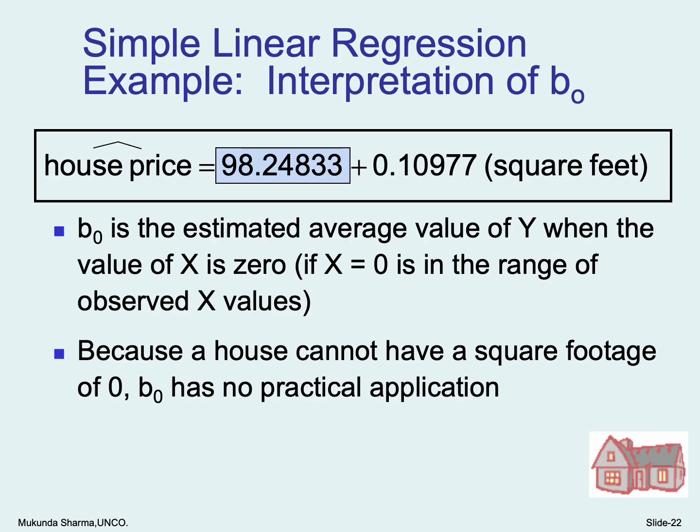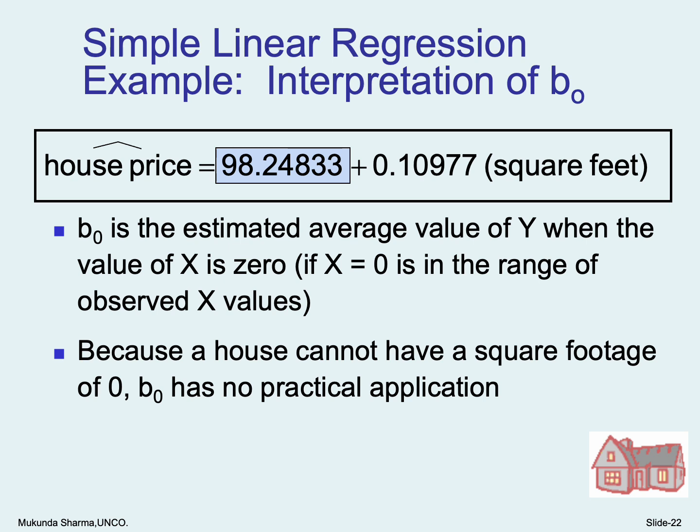Let's interpret the value of intercept and coefficients or slope. Here the value of intercept is 98.24833. It means when we put the value of square foot as 0, the house price would be 98.24833 on average.